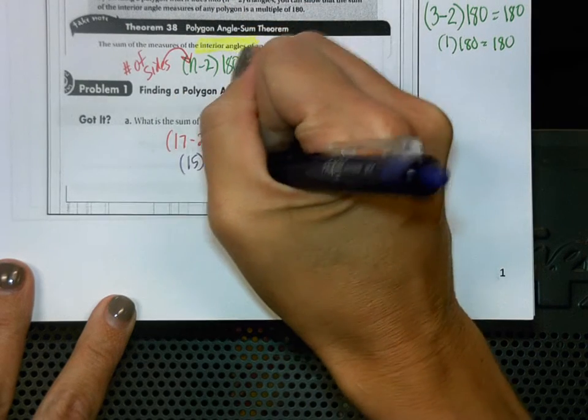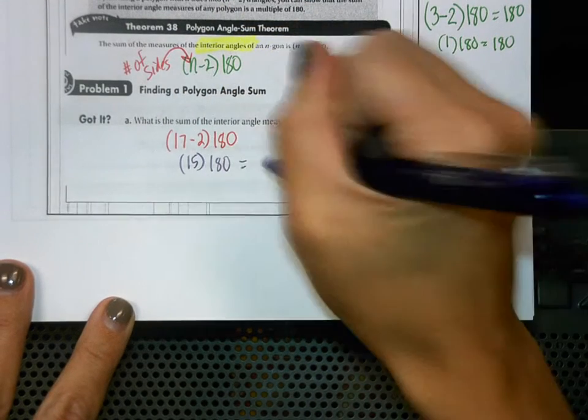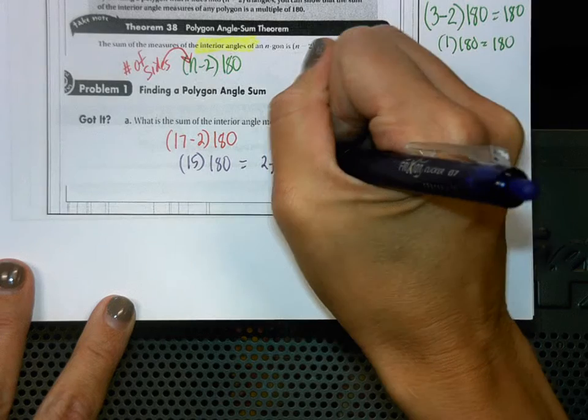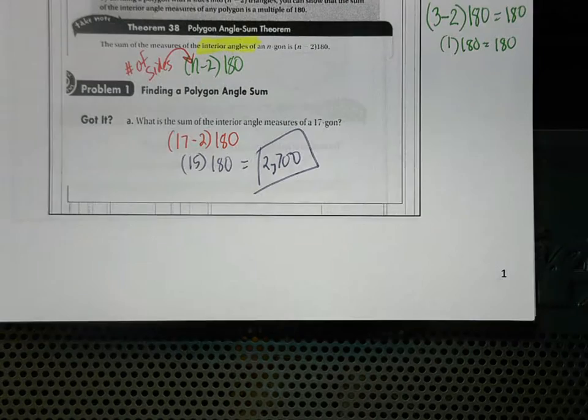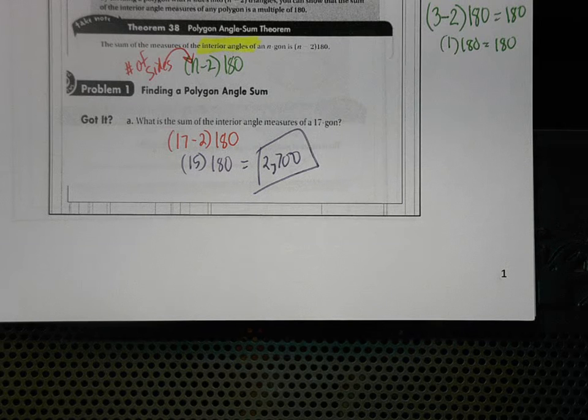And 15 times 180? 2,700 is correct. So that's how many degrees a 17-gon has inside. So again, all I do is take however many sides, subtract 2, and multiply times 180.